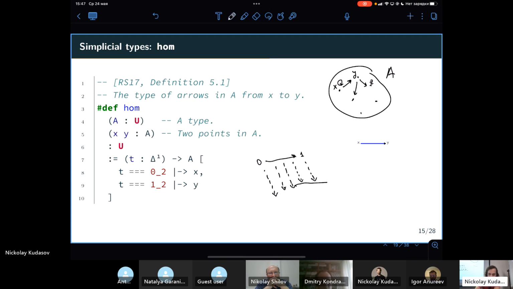We map them to somewhere in the type A, right? And specifically in these square brackets, we can specify some constraints, where we say that if t is equal to 0, so specifically the point 0 has to be mapped exactly to x, and then the point 1 has to be mapped to y.